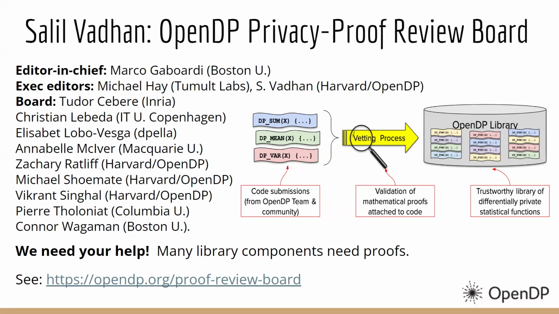And so the vision with OpenDP is that all of the main components, transformations, measurements and combinators that have constructors in the library should have proofs attached to them, mathematical proofs that the implementation satisfies the specification in the OpenDP framework, as Mike was talking about.